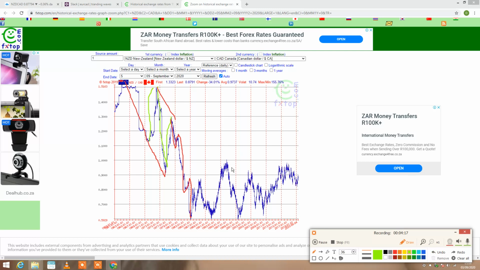Check everything here. I also have another 1 2 and a 3. Let me just change the color. I also have another 1 2 3 to the downside. Let me use the green color. 1 2 3.